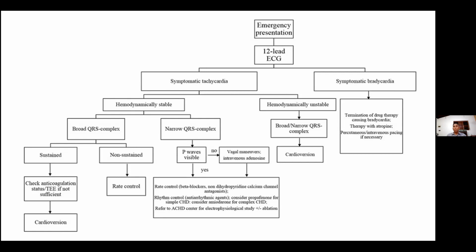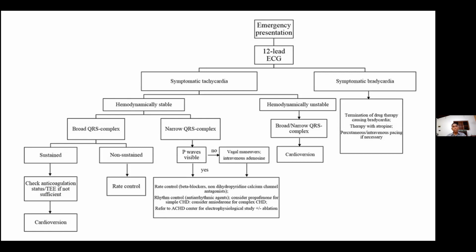We see whether it is a broad or narrow complex tachycardia, and if the patient is hemodynamically unstable, you go for cardioversion. And the next arm would be a hemodynamically stable patient. So then you again analyze the ECG, whether it's a broad complex tachycardia or narrow complex tachycardia. There is sometimes overlap with bundle branch block.